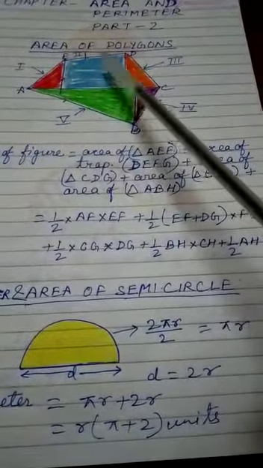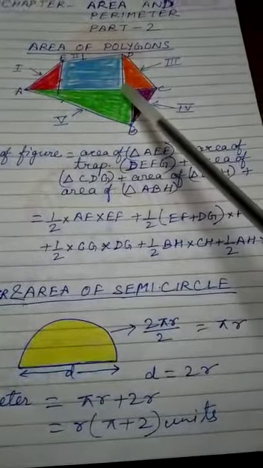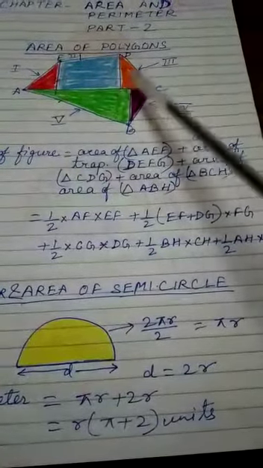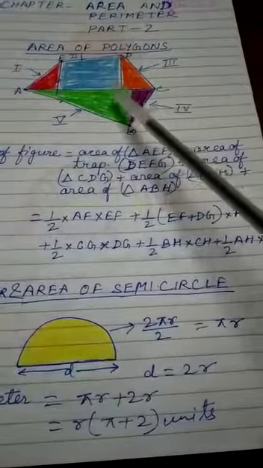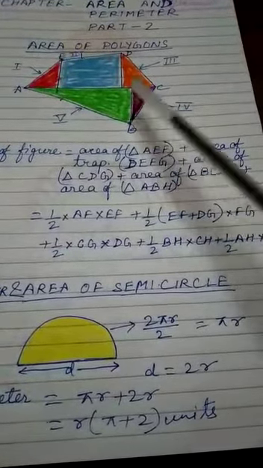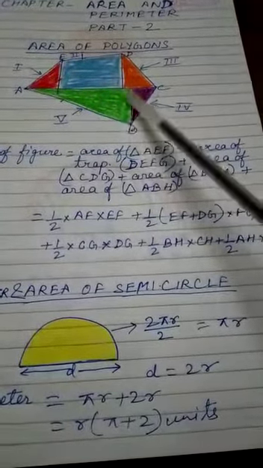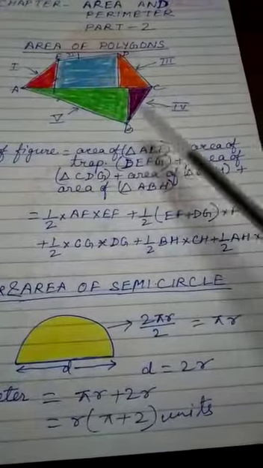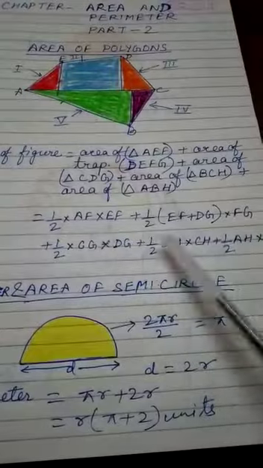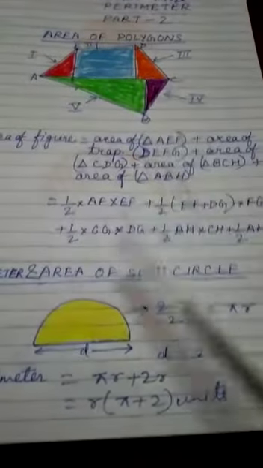For the trapezium, half into sum of parallel sides, and this will be the height. For this triangle again, half into base into height, this is the base and this will be the height. For this triangle, half, this is base, this will be the height. For this bigger, green colored triangle, this will be the base and this will be the height. Then we will combine all the areas and we'll get the area of the polygon.